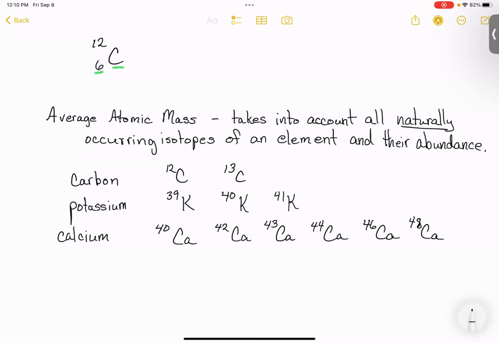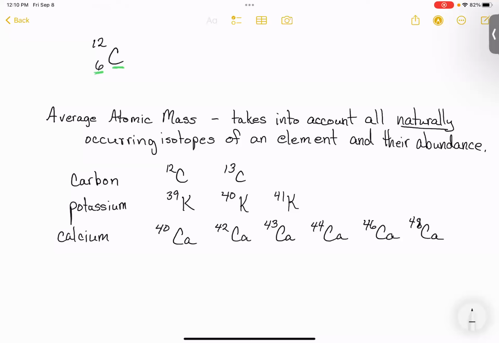And the other reason I wanted to illustrate, I didn't want you to get into your head that they always are going to go up numerically, because they don't. Like calcium, you skip 41. So they're not a numerical system either. So that's why I wanted to put up calcium and show you that you can have a ton of these things.